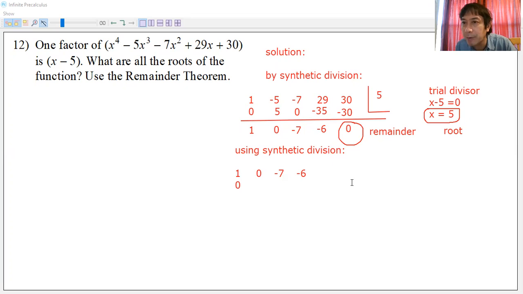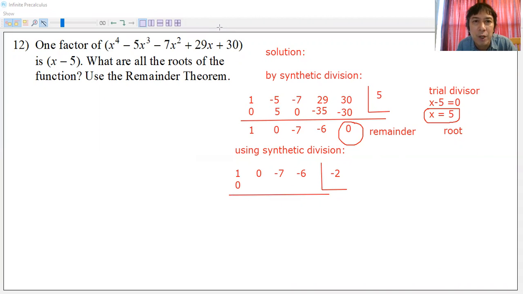We can try 2 or 3, those are the factors of 6, and we can try plus or minus of those numbers. Let's try a -2 over here, and then proceed with another synthetic division.